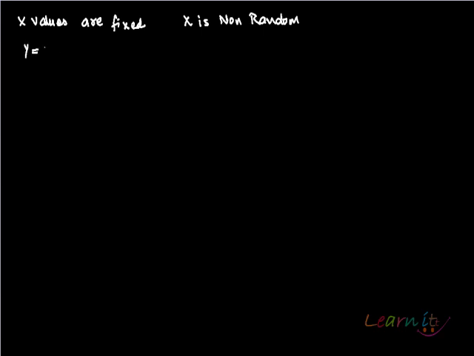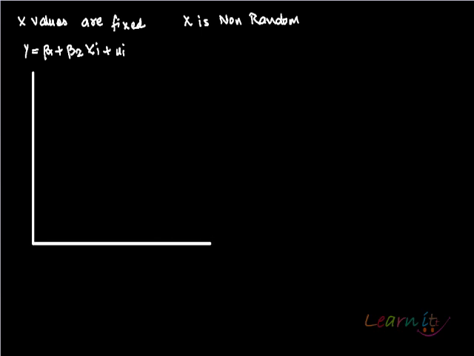Suppose you have the model y equals beta 1 plus beta 2 xi plus ui, clear, and you are trying to find out how to actually fit the line. So you have this x and here you have y.